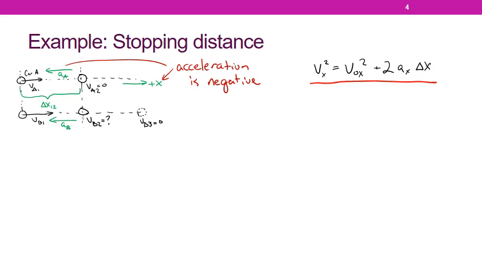You'll notice that I've included a small note to remind me that the acceleration is negative. So when I go to plug in my acceleration, I should include a negative acceleration.